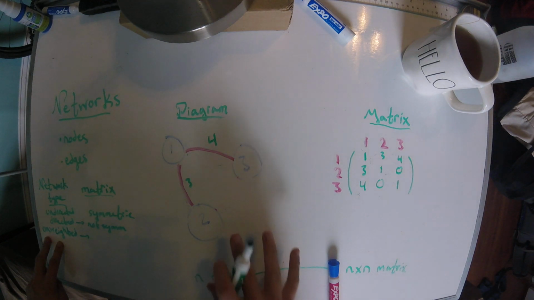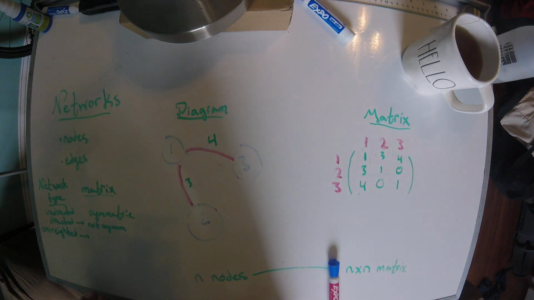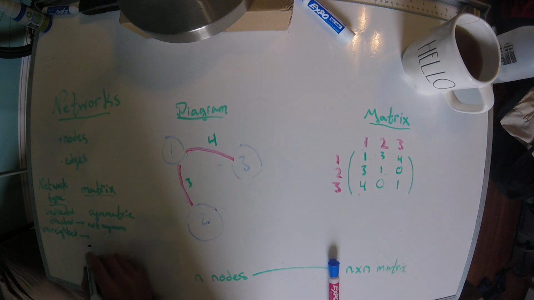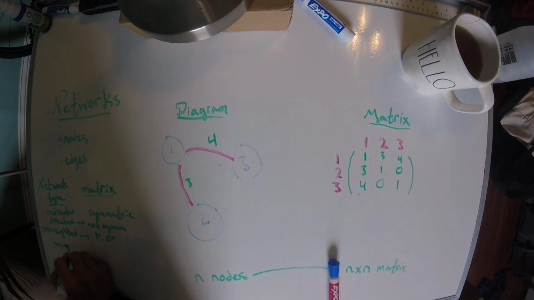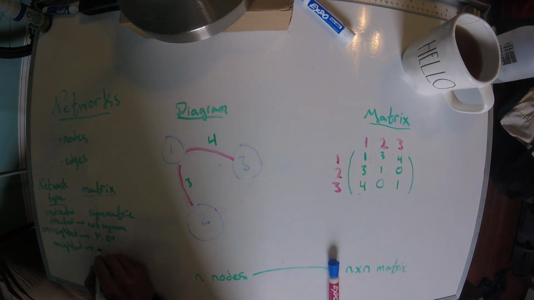The two examples that we did before this one were unweighted networks. And so for unweighted, we have just 1s and 0s. And then for weighted, you can have any number in your matrix. Well, any positive number.